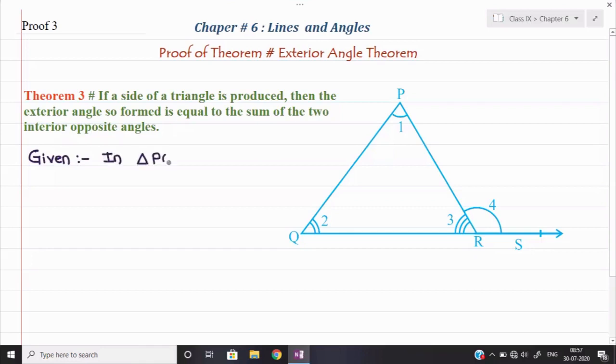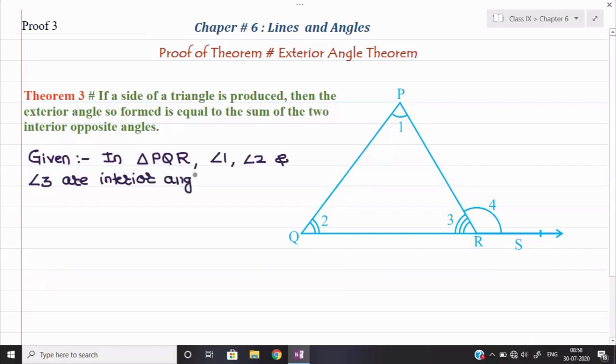here we need to differentiate the exterior and interior angles. So we shall write down in triangle PQR, angle 1, angle 2 and angle 3 are interior angles. That needs to be clear here. These are our interior angles.